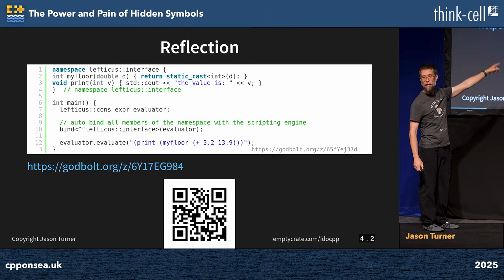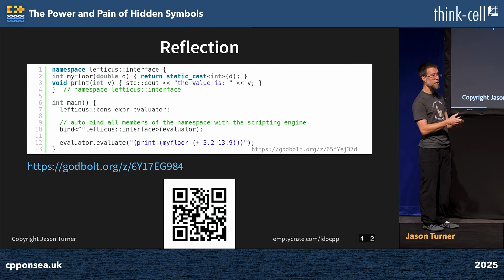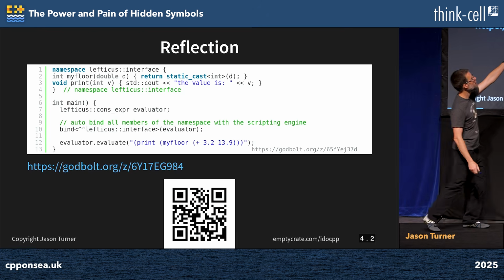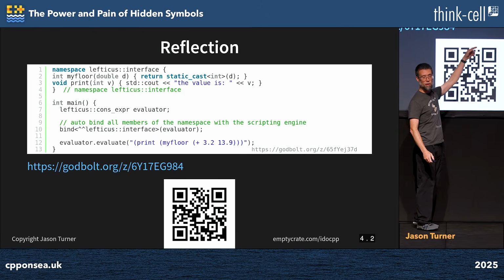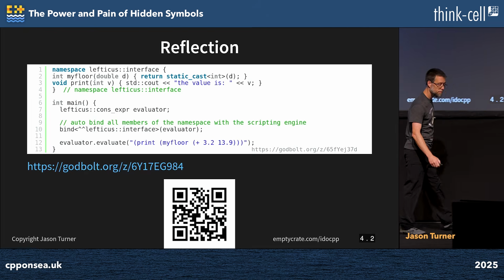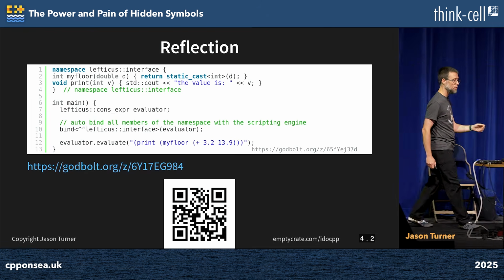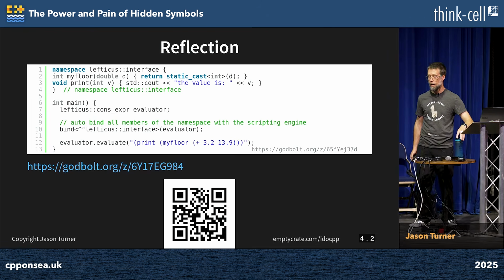And it works. That's a full, complete example that you can play with. If you want to grab the QR code, you can play with my scripting engine live in Compiler Explorer and expose other functions to it. It's an S-expression-based language, and you can actually play with them and see what it does. Like I said, absolutely nothing to do with my talk whatsoever, but I felt like adding it in.